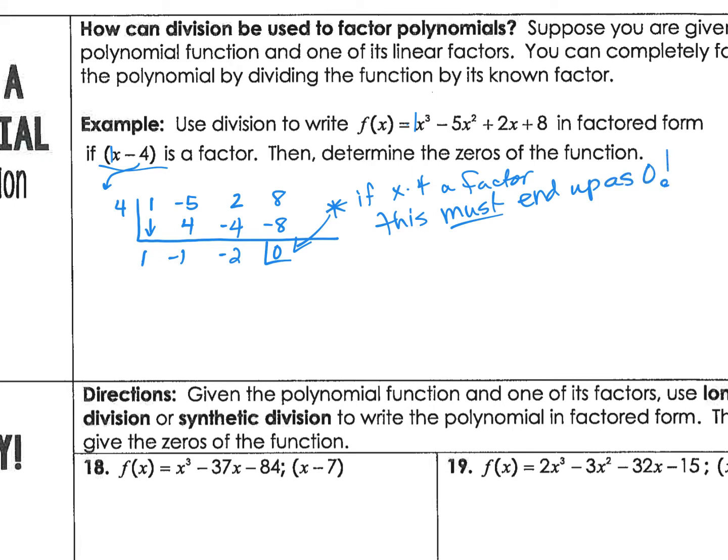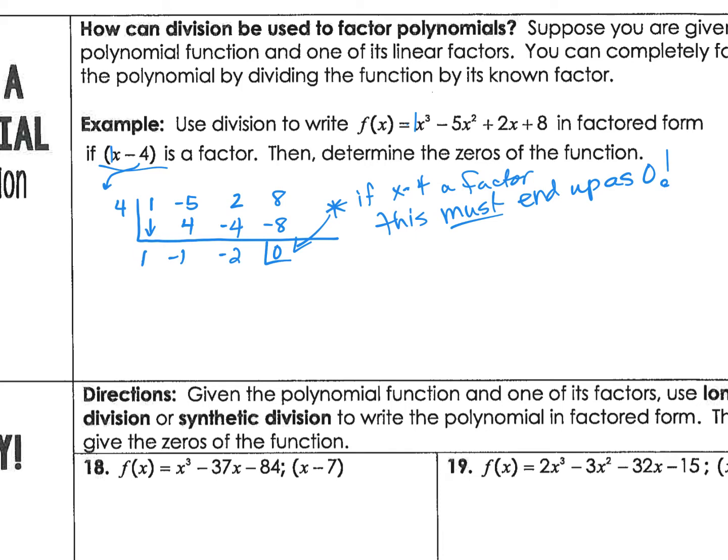So please double check yourself. That's the way to tell, because if you bring that down as a negative 4, it's not going to work out to 0, is it? So then you know, oh, wait a minute, I forgot to change the sign as it comes out, right? Remember, you change the sign as it comes out.